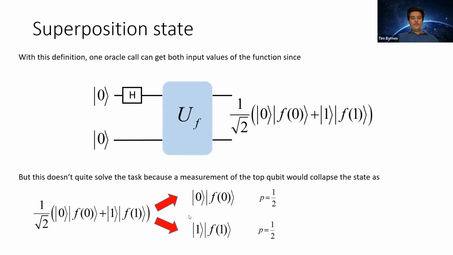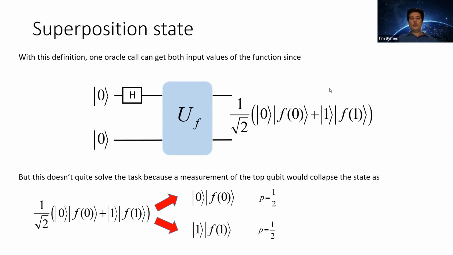Now, can we figure out whether it's constant or balanced using this state? Well, the problem is that if we try to do a measurement on this state, and that's the only way you can get information out of a quantum circuit, you've got to perform a measurement.